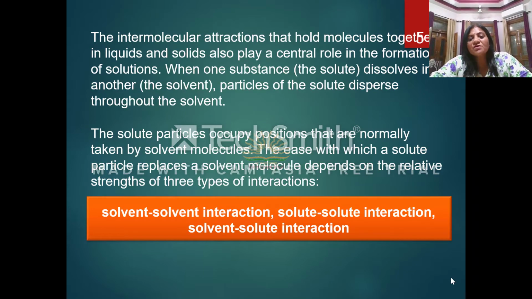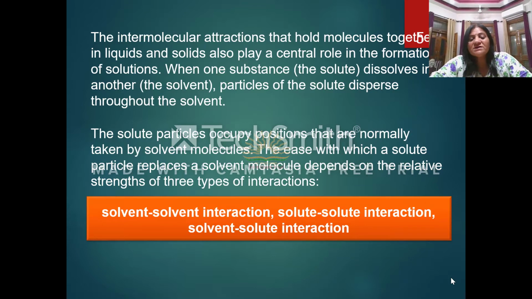When one substance, the solute, dissolves in another substance, the solvent, the particles of the solute disperse throughout the solvent. The solute particles occupy positions that are normally taken by solvent molecules.